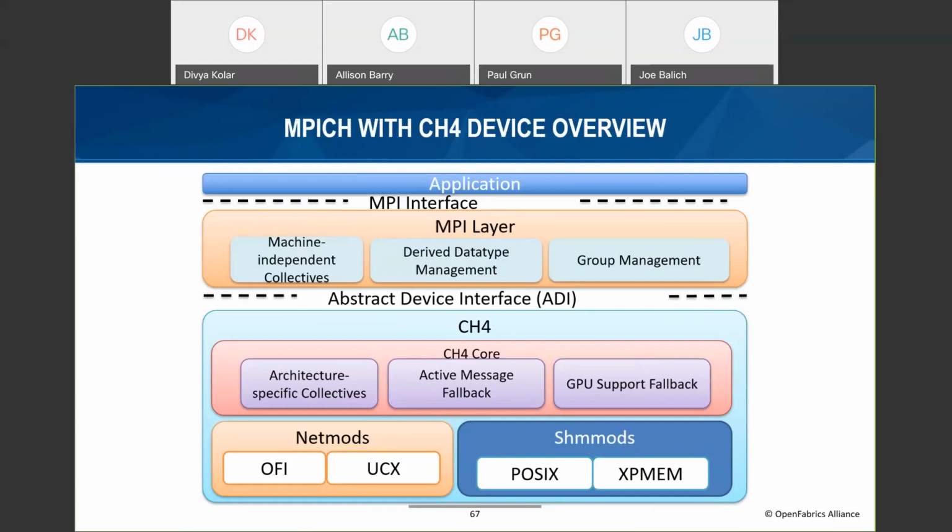Say you have a PSM2 provider, then we know that certain functionality is supported by hardware, and in that case we use the native functionality provided by OFI. So that's the overall picture. Besides the netmod, we also have SHMEM mods that support shared memory communication. Currently we have a POSIX implementation, and we also have XPMEM support in shared memory communication. Next slide, please.